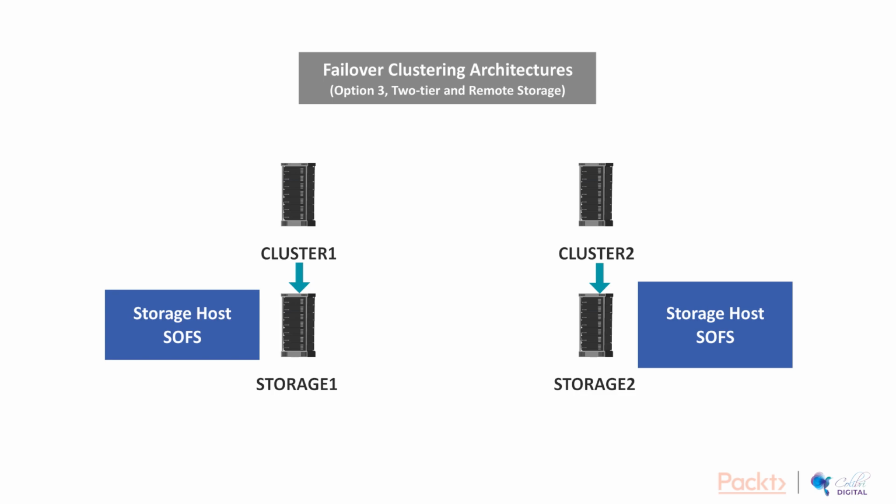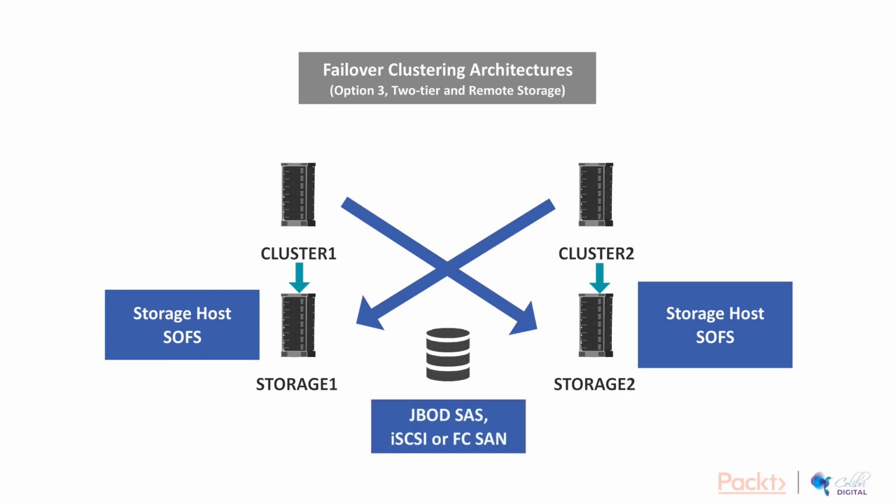These storage servers, in turn, are connected out to some piece of data, and this storage location down at the bottom, as you can see here, can be JBOD SAS, an iSCSI connection, or a fiber channel SAN, or any kind of remote storage that we've previously associated with option one.